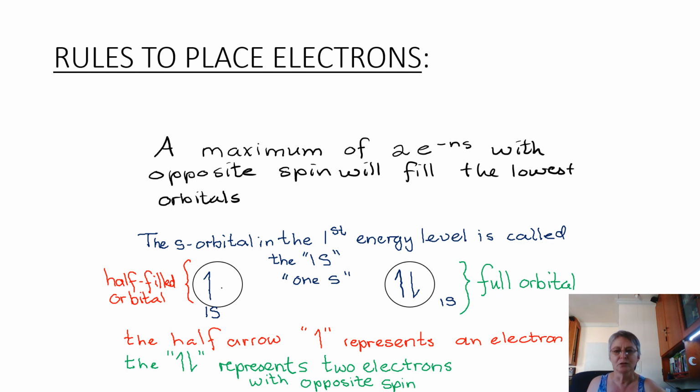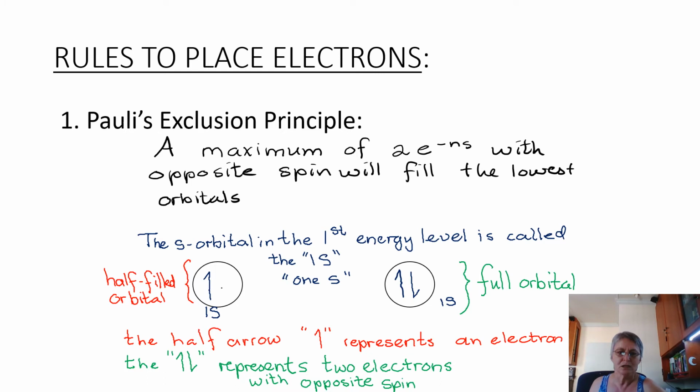So there are 2 rules to place electrons in orbitals. The first is called Pauli's exclusion principle, where a maximum of 2 electrons with opposite spin will fill the lowest orbitals. S orbitals are always the lowest, so they will get the electrons first in an energy level.